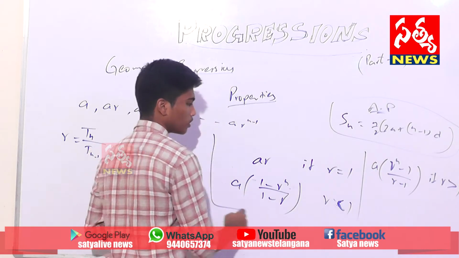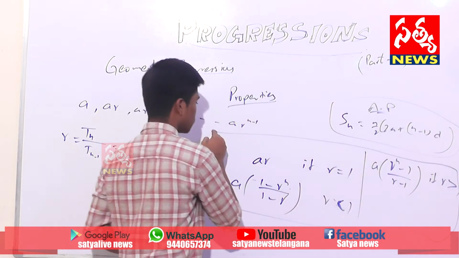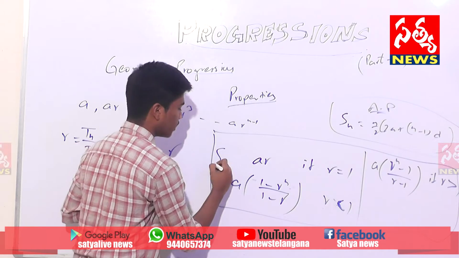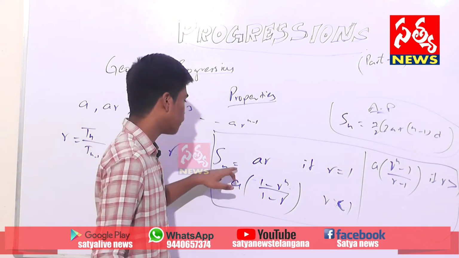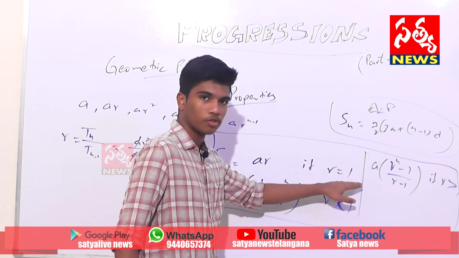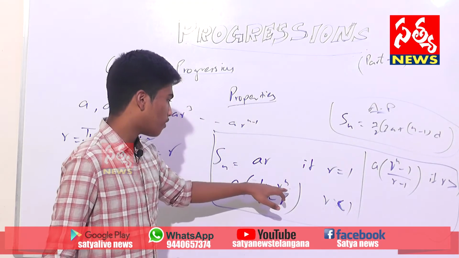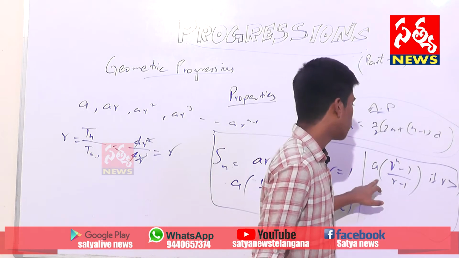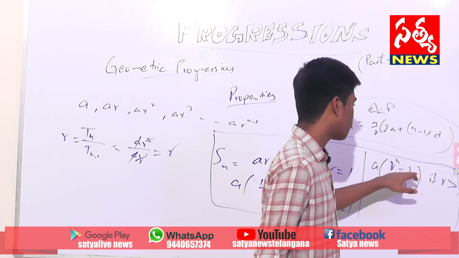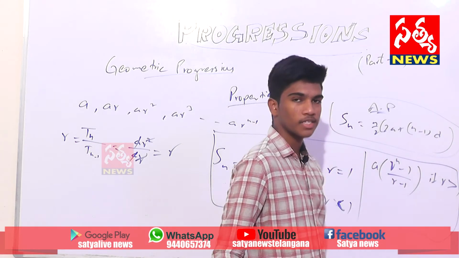So guys, these are the conditions for finding Sn for a GP. Sn value for a GP is n a if r is equal to 1, a into 1 minus r power n by 1 minus r if r is less than 1, and a into r power n minus 1 by r minus 1 if r is greater than 1.